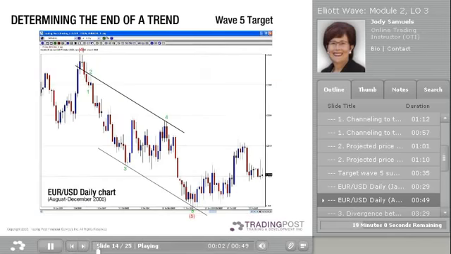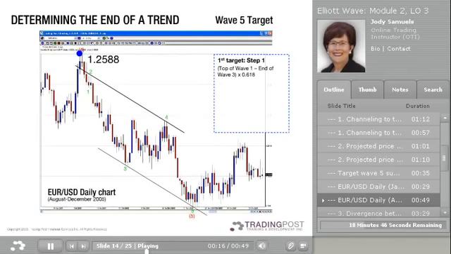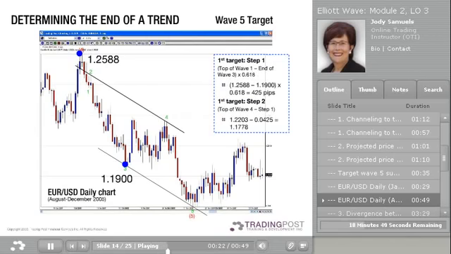This chart of the Euro-USD takes wave 5 of the 5-wave sequence and magnifies it so that we can count the waves and measure the targets for wave 5. By taking the price difference between the start of wave 1 and the end of wave 3 and taking 0.618 times that difference, we get one target of 117.78.